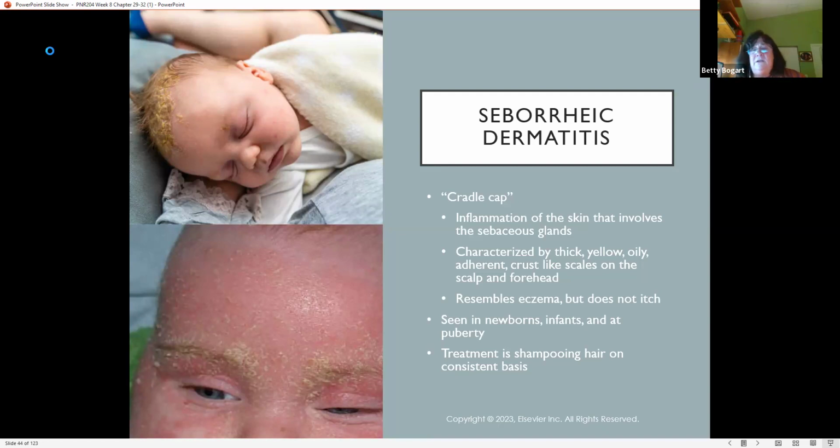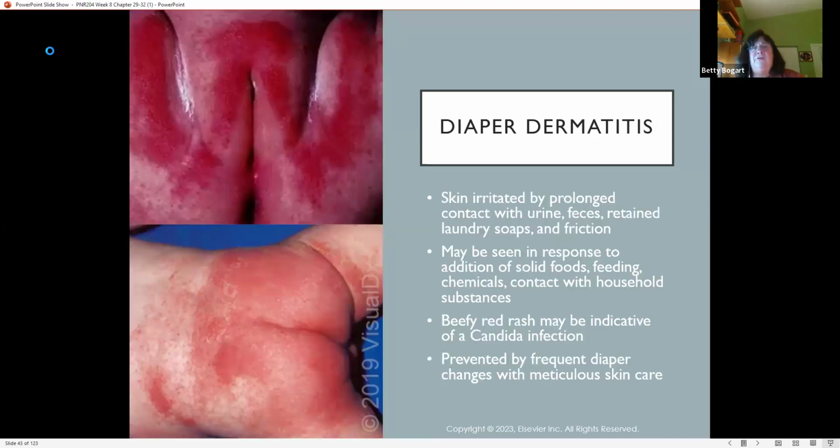Well, all we do with these children is moisturize it, shampoo it, moisturize it, and we'll take a fine tooth comb very gently and continue to comb it. What they say actually is olive oil or baby oil. Leave it on overnight and then bathe them in the morning. And that adds that extra moisturizing.